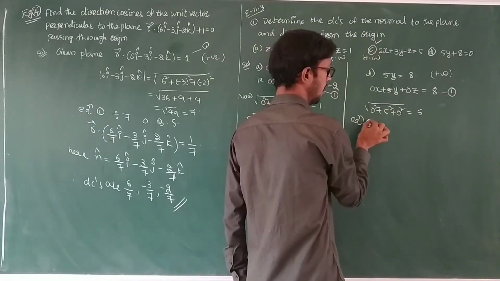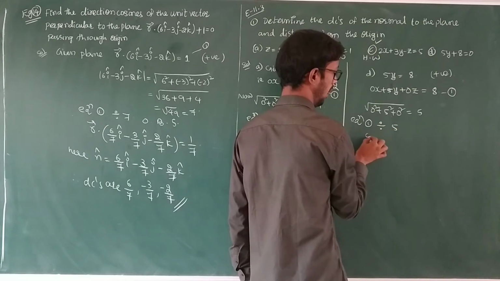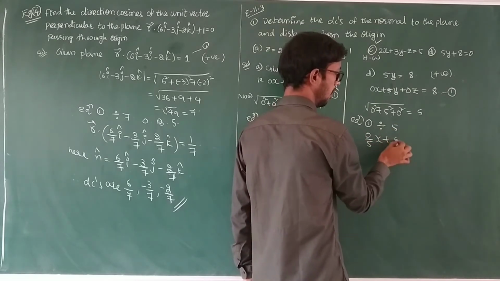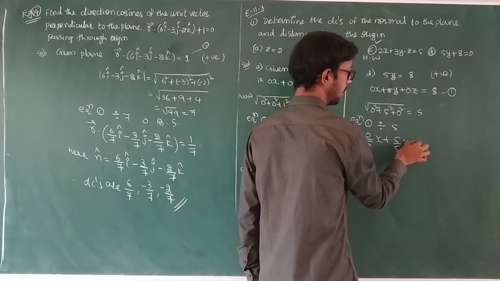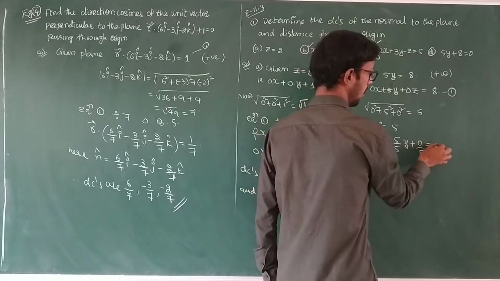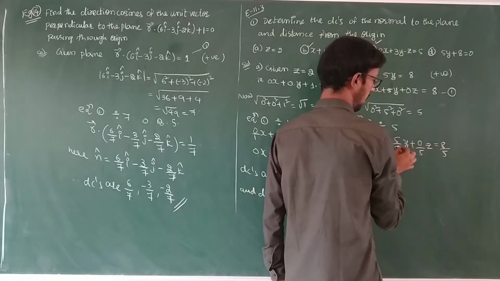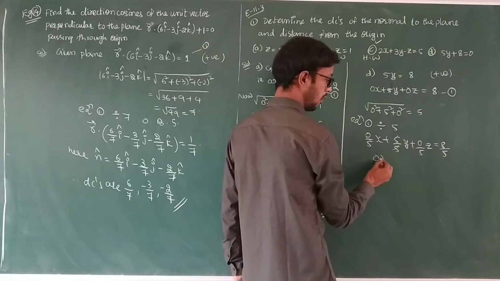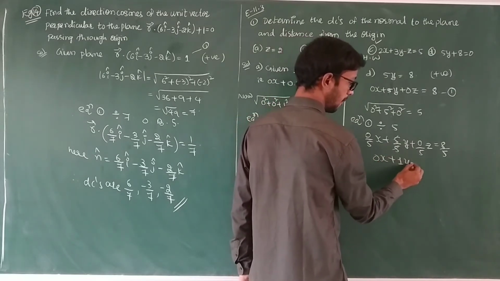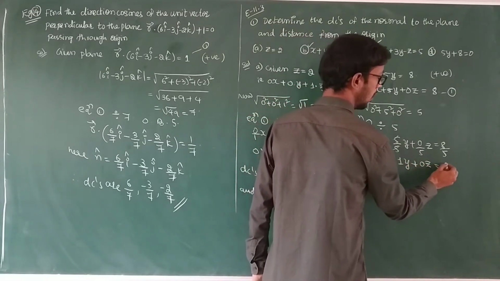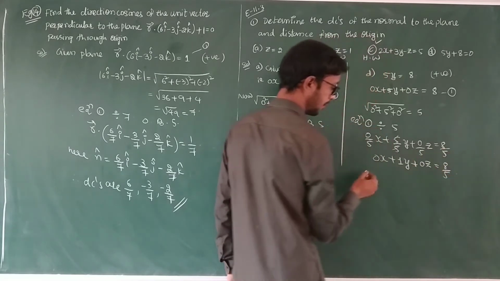Equation 1 divided by 5: 0 by 5, 5 by 5, 0 by 5, 8 by 5. So 0x plus 1y plus 0z equal to 8 by 5.